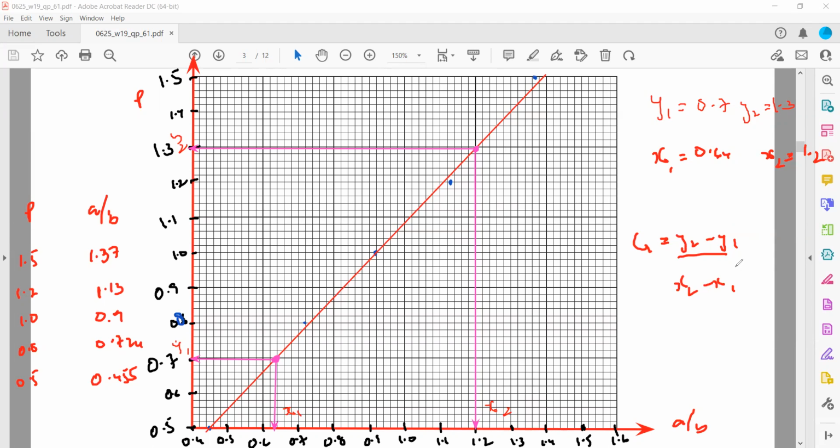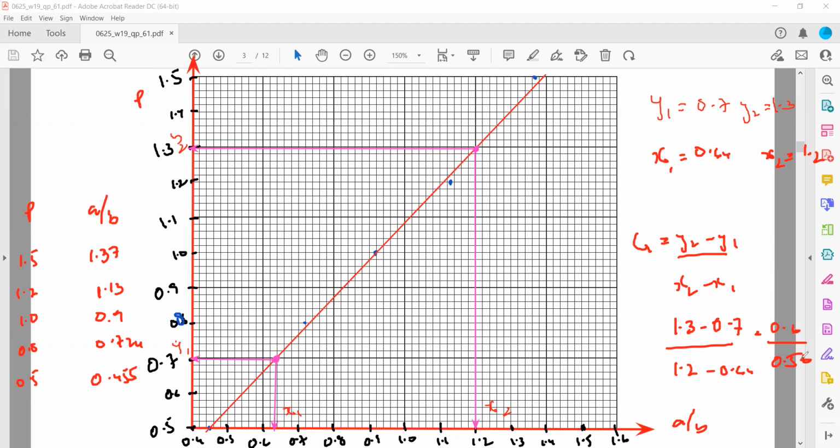That's a formula you have to remember. So it is 1.3 minus 0.7 divided by 1.2 minus 0.64. So 1.3 minus 0.7 is equal to 0.6, and 1.2 minus 0.64 is equal to 0.56.